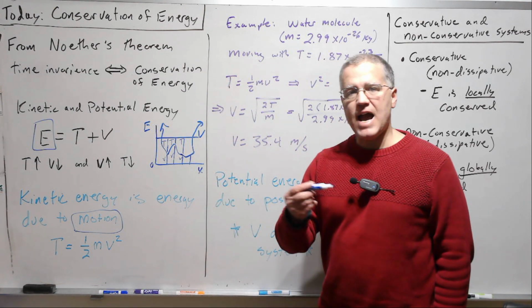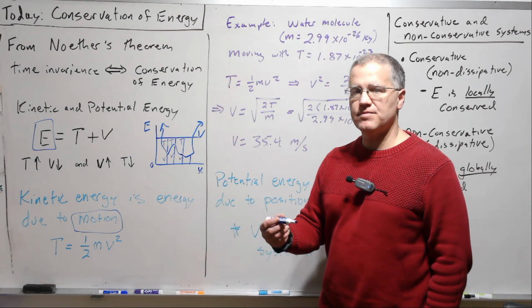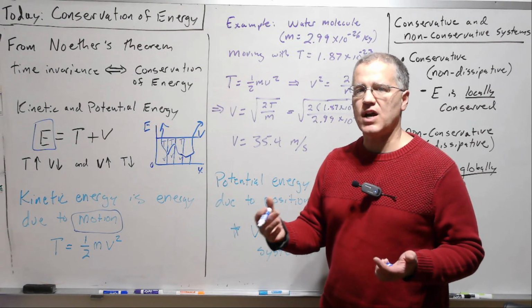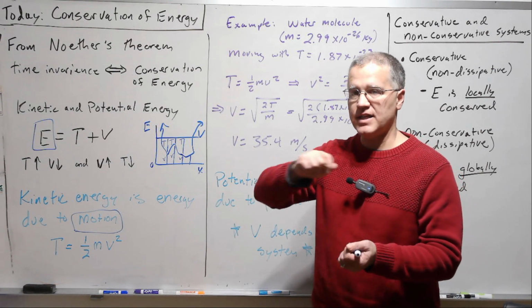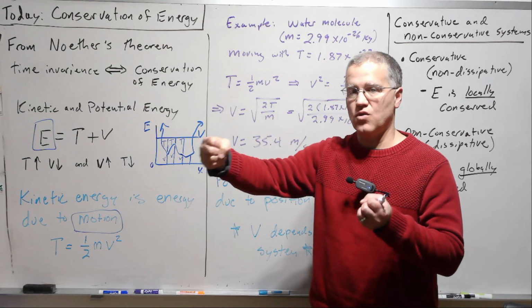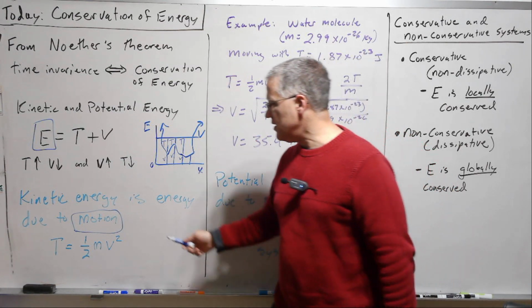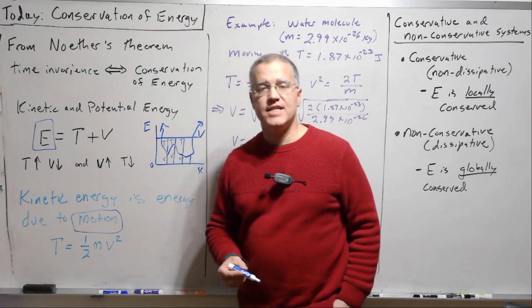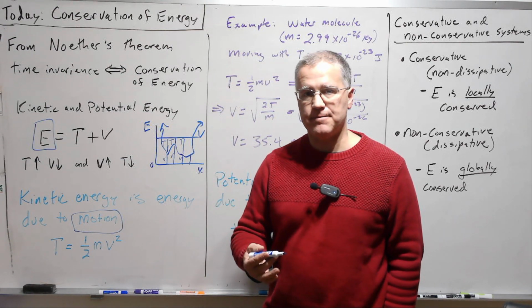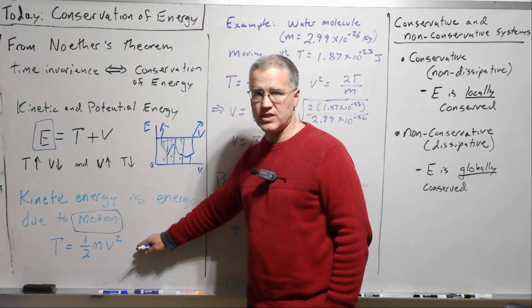So it doesn't matter what type of system we're talking about, whether it's an electron in hydrogen or atoms in a bond. What matters for kinetic energy is the motion, the speed. Okay, so this is always, always, always the same.